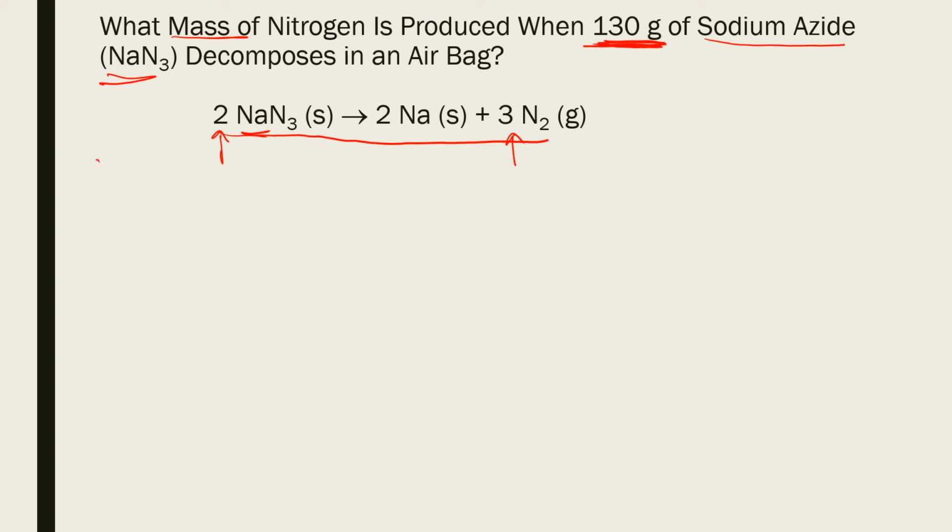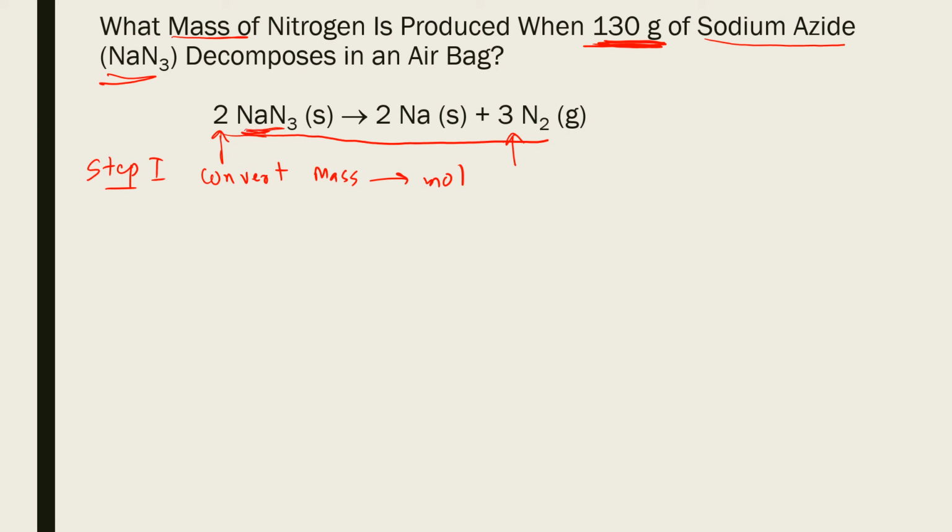Therefore step number 1 is to convert mass to mole. How do we convert mass to moles? We did that earlier in the beginning of this chapter by applying the concept of molar mass.